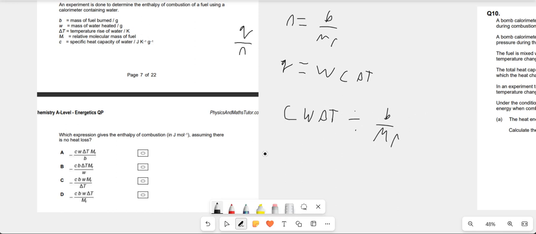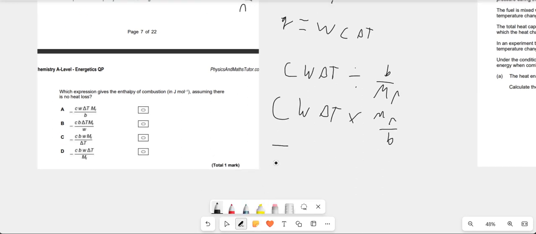So this has to flip, and you change the sign to times, so you times it by Mr over B. You get C W delta T Mr over B. So when you divide by a fraction, you flip it and then you times it.